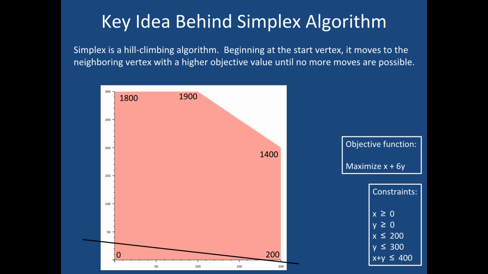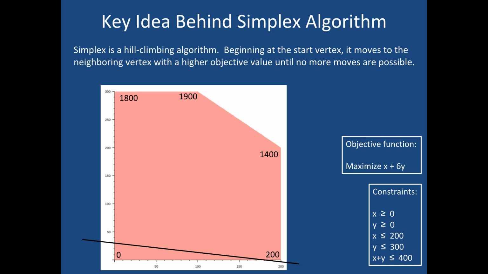So I just picked some constant and drew this objective function. And as you increase that constant, the objective function moves up like this. What's the last point when this line exits the feasible region? All right, it's going to be up here. That's the last point, the one labeled 1900. That's where that line exits the feasible region.